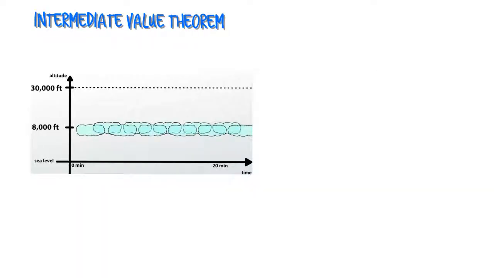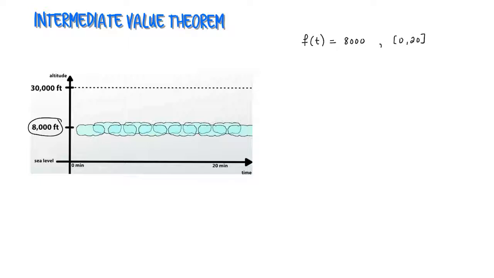I am hoping that by now you can already start thinking of the sort of functions that are going to ever equal 8,000 feet. For example, if I want a function f of t to equal 8,000 feet in the interval from 0 to 20 minutes, then that function cannot have a gap.